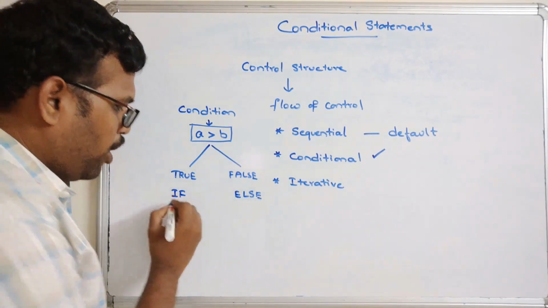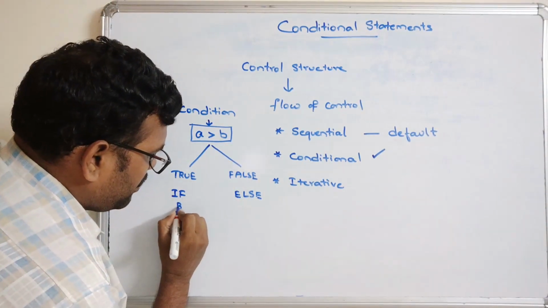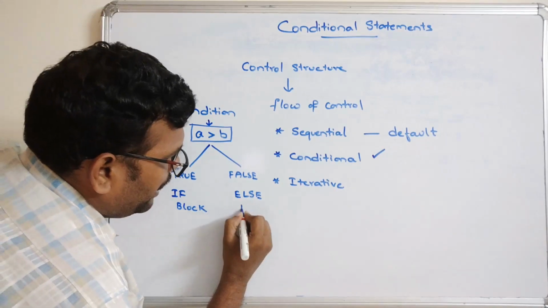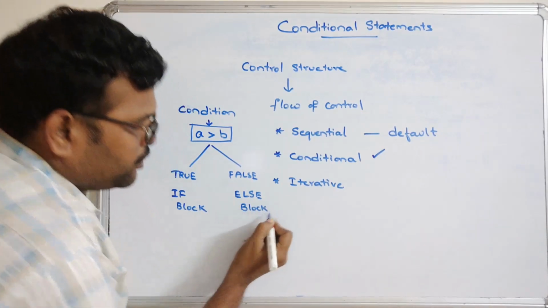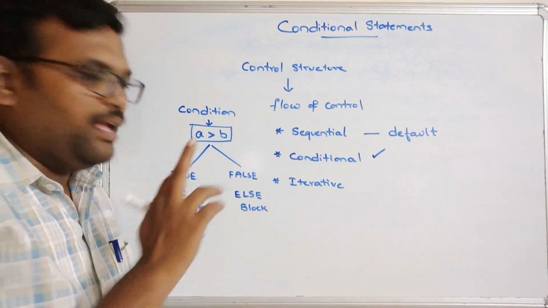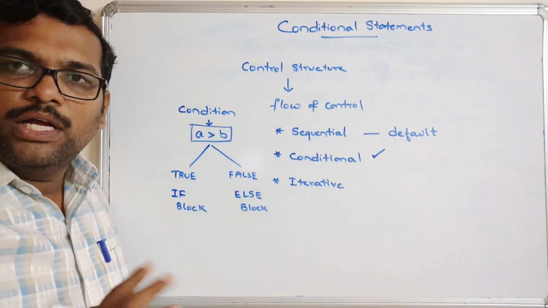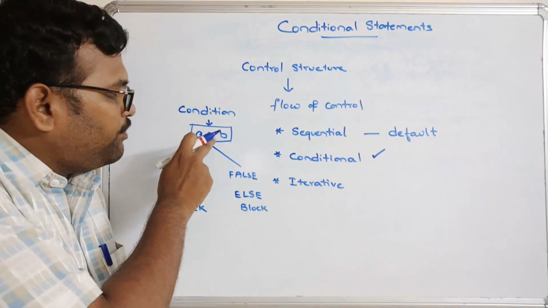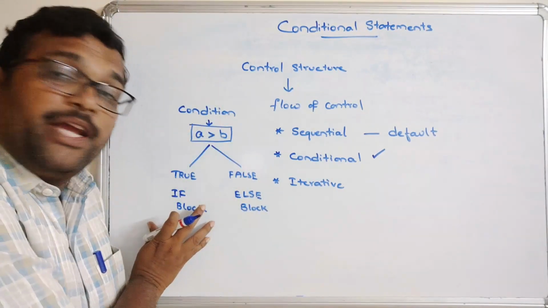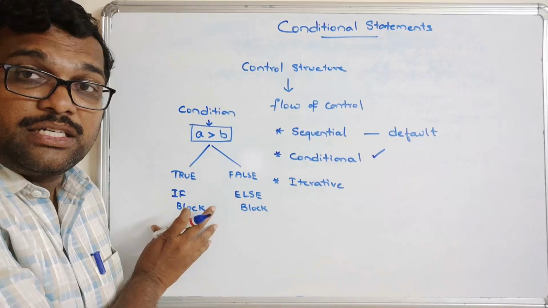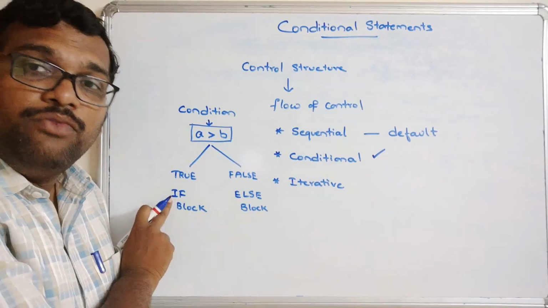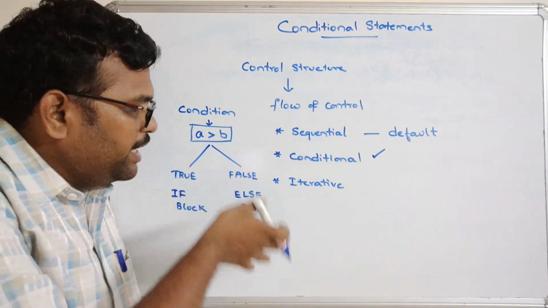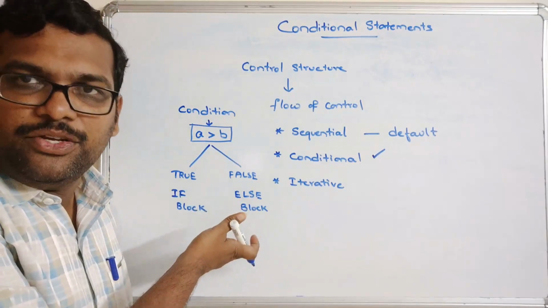So the if block is the true block and the else block is the false block. Based upon the result of the condition, either the instructions written under the if block will be executed, or the instructions written in the else block will be executed.